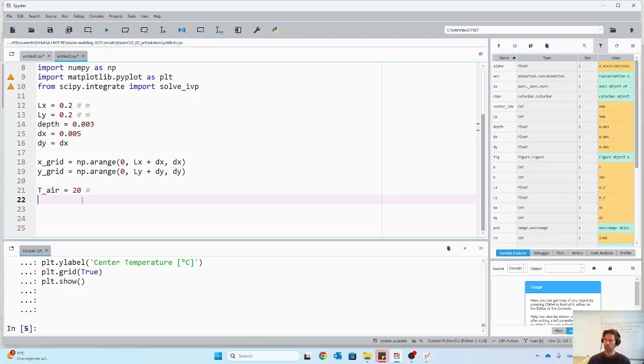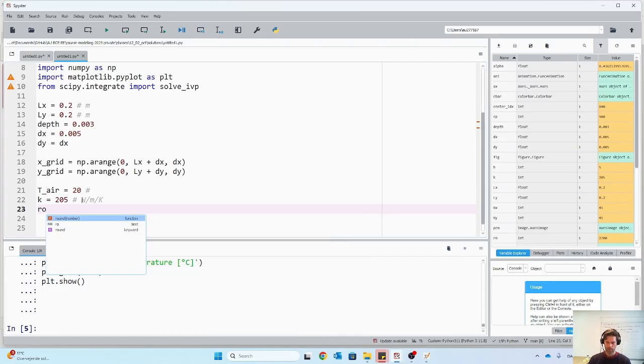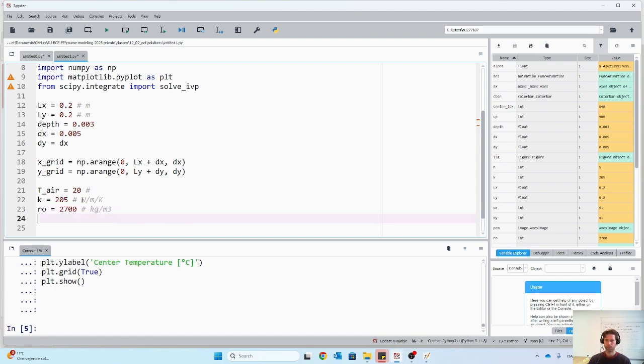And for aluminum, we can look up some constants, for instance, the conductivity coefficient, which is 205 watts per meter per Kelvin. The density, rho, is 2,700 kilograms per cubic meter. And the heat capacity of aluminum is 900 joules per kilogram per Kelvin.